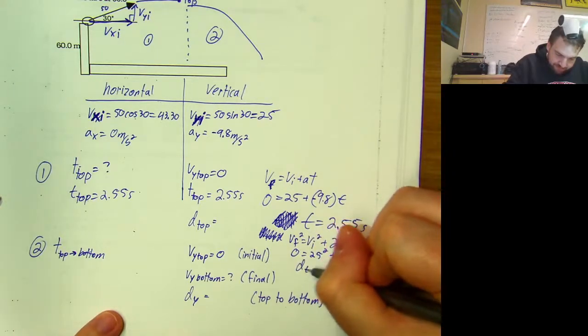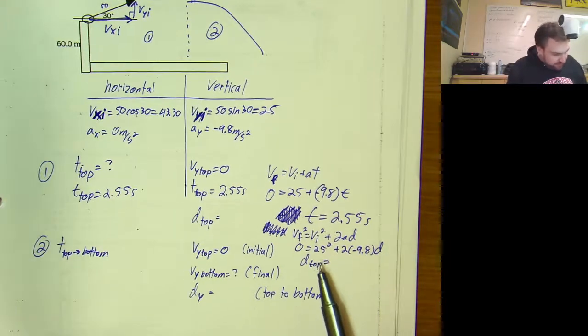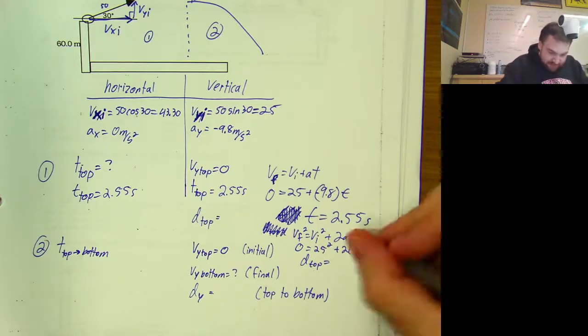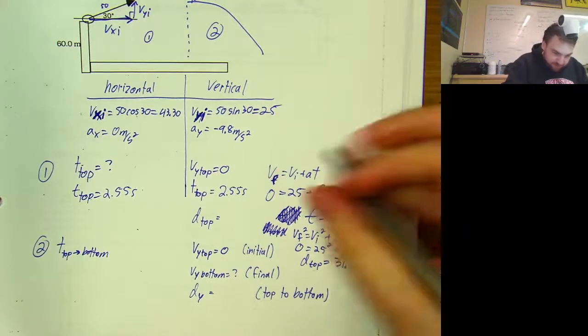So D top is going to equal 25 squared divided by 2 times 9.8. That's going to give us a maximum height, D top, of 31.89 meters.